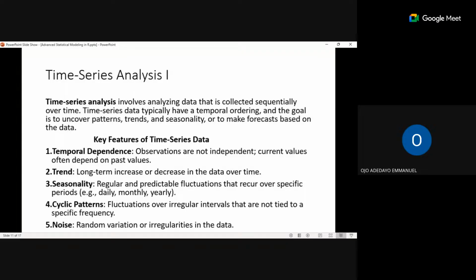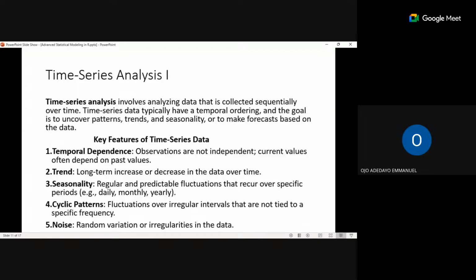The cyclic pattern is fluctuation over irregular intervals not tied to a specific frequency. You can't even say it's moving like this or like this. In this particular sense, under machine learning, we categorize them as unsupervised learning. You don't need to supervise that model. The model will catch up with the pattern or movement on its own.